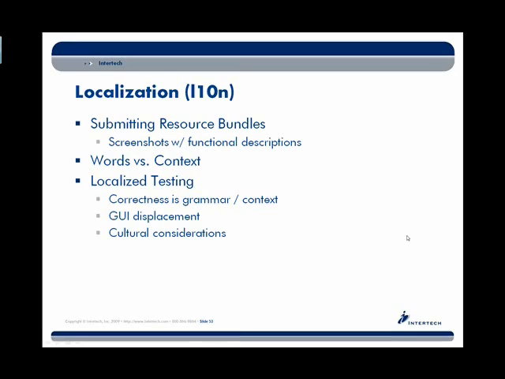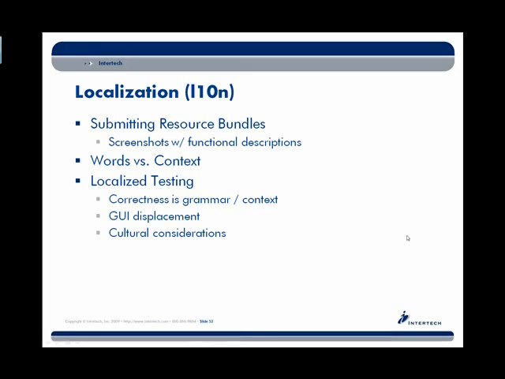What's a really good idea, even if they don't suggest this, is to take screenshots of the areas and give functional descriptions of what the string means and what it's going to do. That will help them to translate each of the different messages appropriately, because it's very possible to have a correct word translation, but the word in a particular context may mean something vastly different than you would expect.